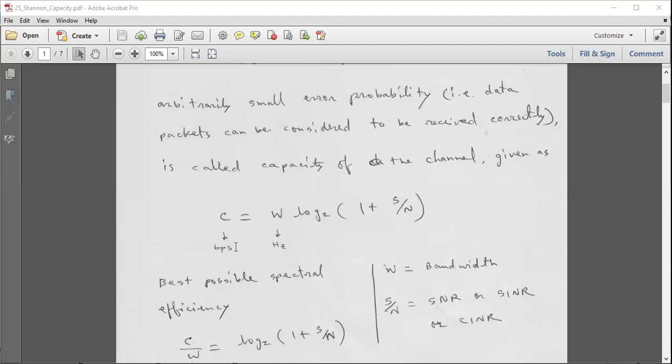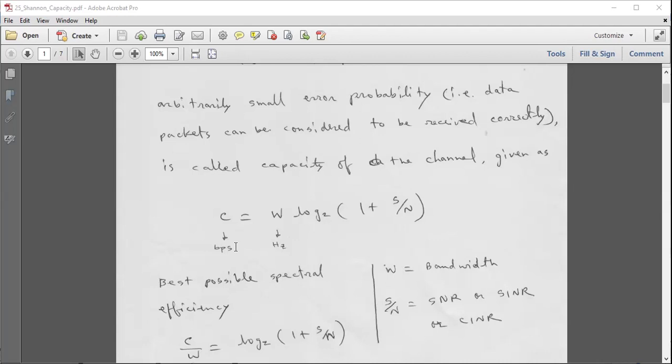So probably now you get some idea how the bit rate can be related to your W. These days it can be several times your W. So your W may be 5 megahertz, but the bit rate can be 10 Mbps, 12 Mbps, 14 Mbps, 15 Mbps, like 20 Mbps.